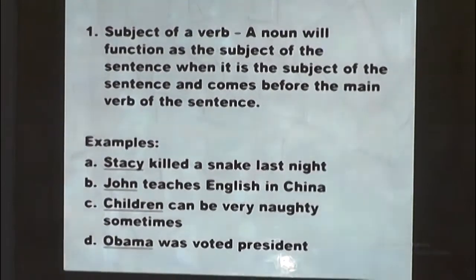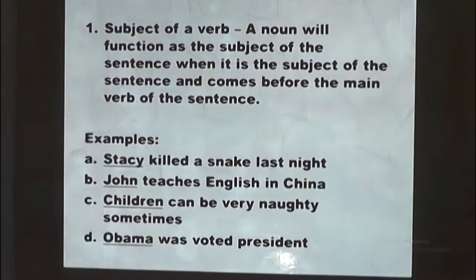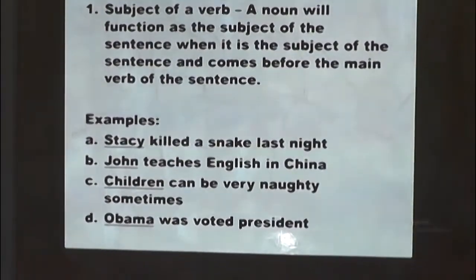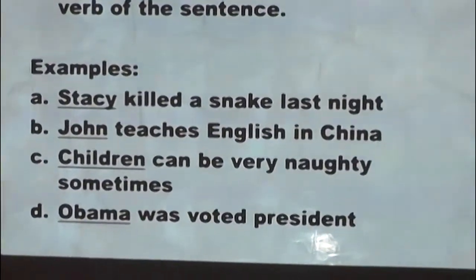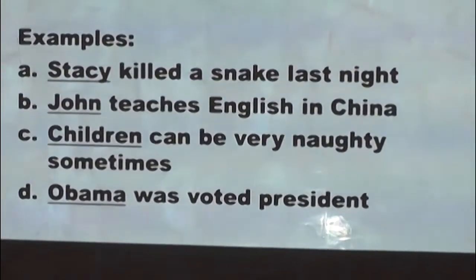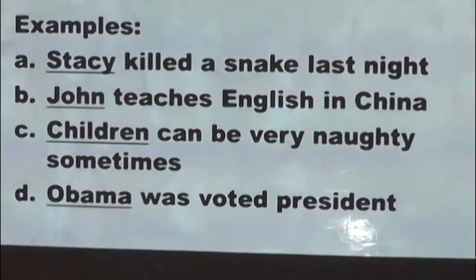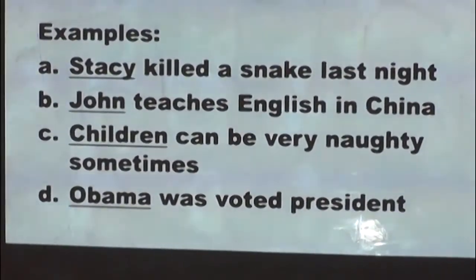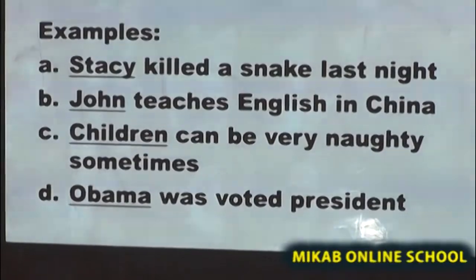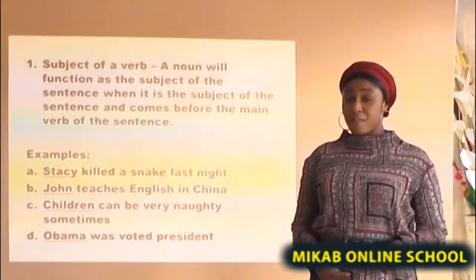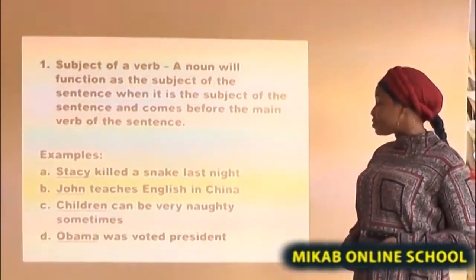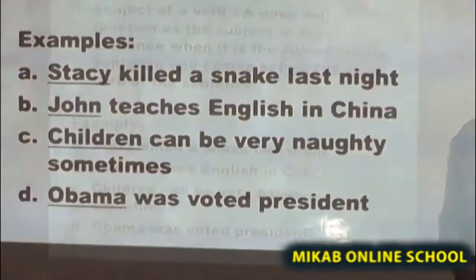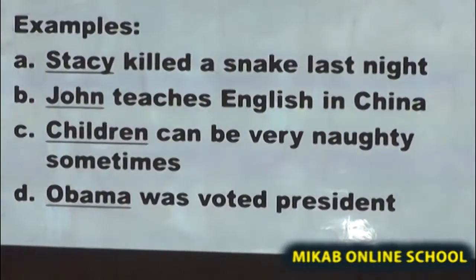All the highlighted words in these sentences are nouns. How do they function as a subject of the verb? If you take a close look at it, Stacy, John, children, and Obama are all what? Subjects of the verb. The verbs are killed, teaches, can, was. So all these verbs are action words.